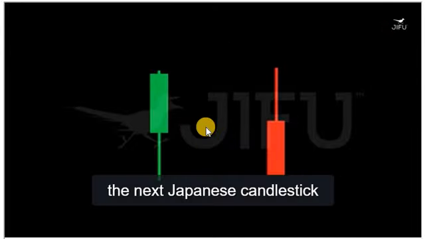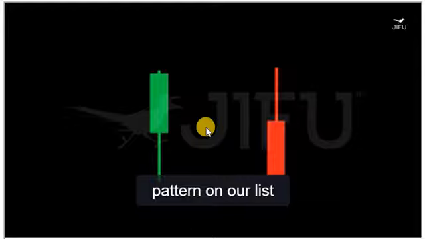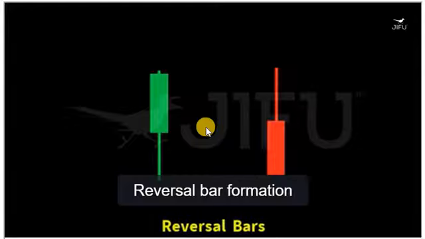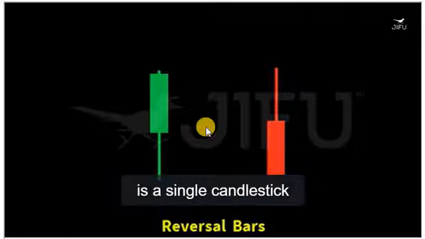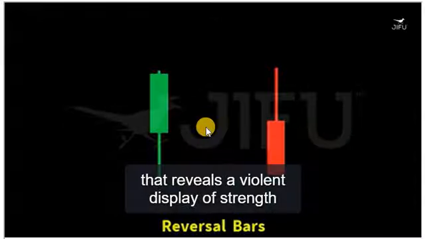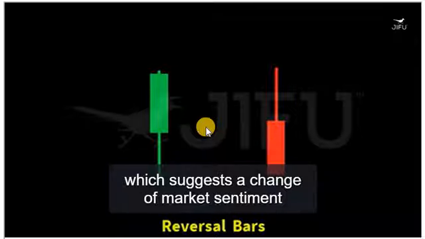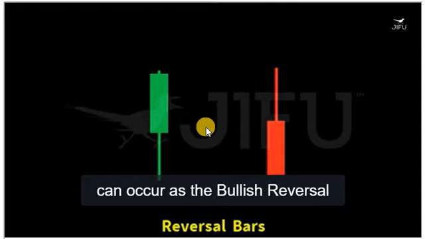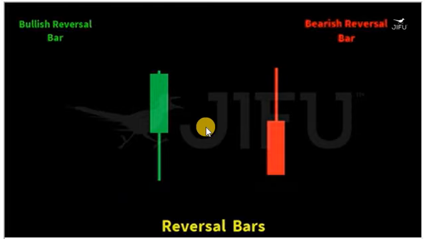The next Japanese candlestick pattern on our list is the reversal candlestick pattern. Reversal bar formation is a single candlestick that reveals a violent display of strength, which suggests a change of market sentiment. The reversal bar candlestick can occur as the bullish reversal or bearish reversal.